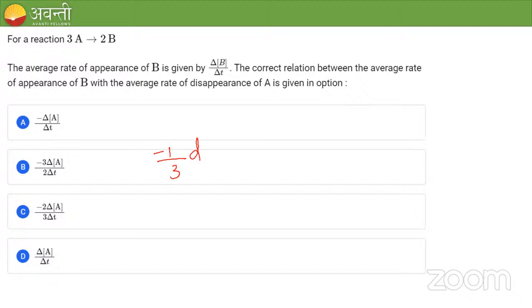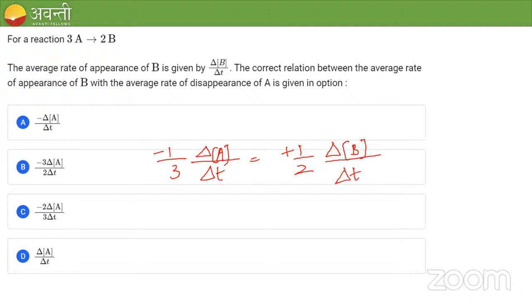But here we have del, so let me erase this and go for del. It is minus 1 by 3 del of concentration A by del T, which is equal to plus 1 by 2 del concentration of B divided by del T.